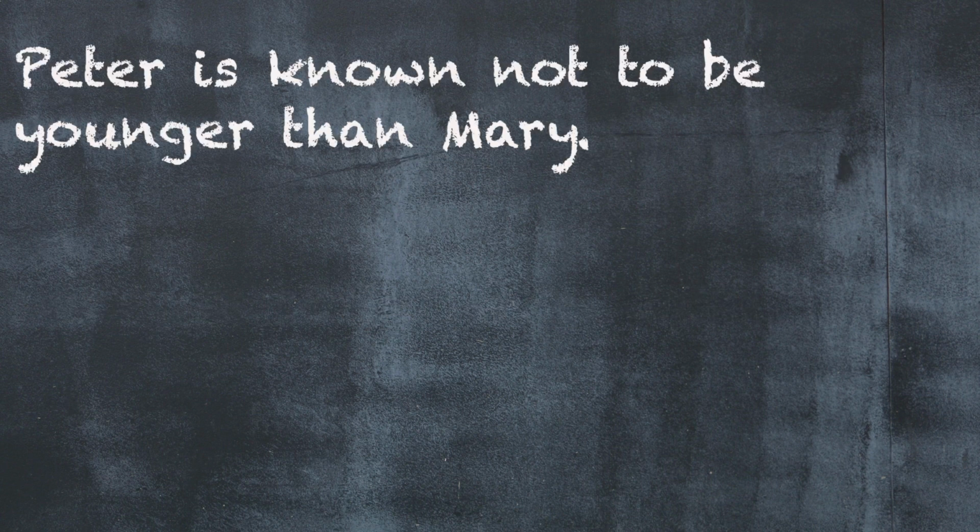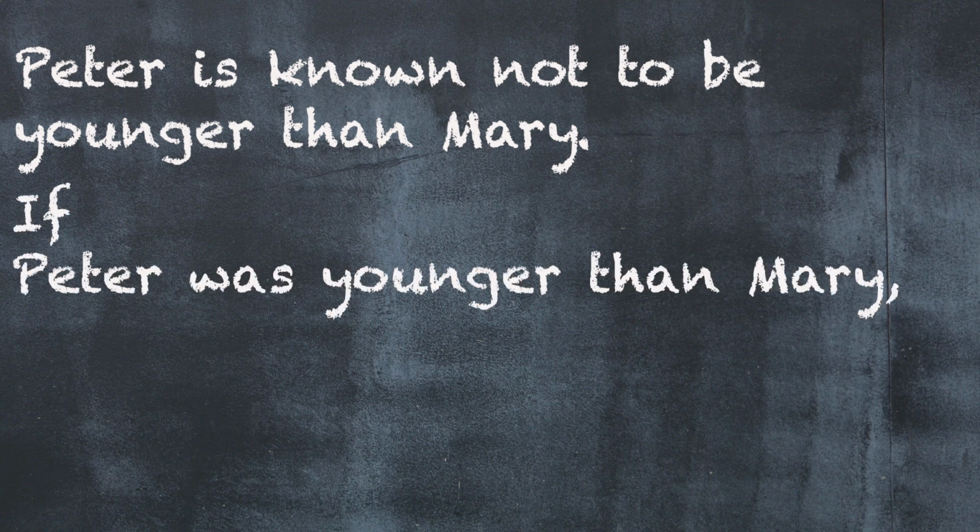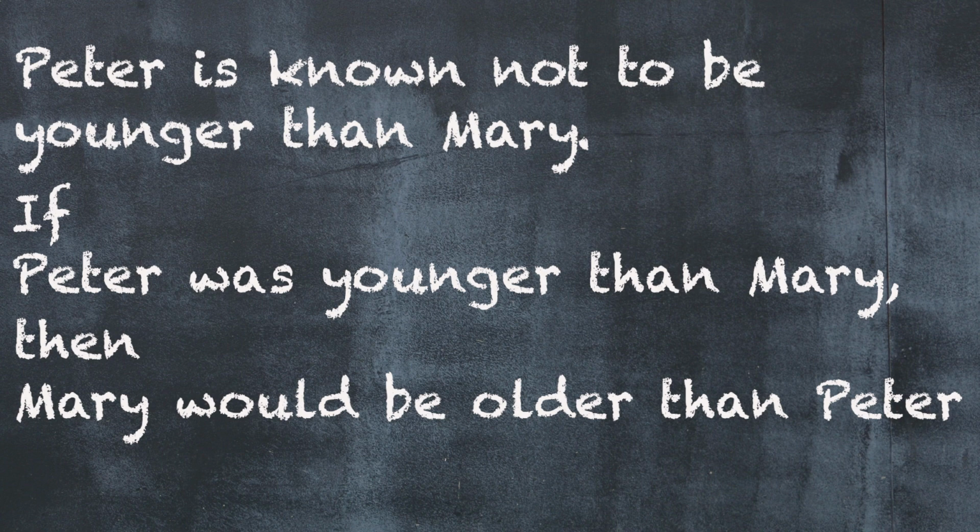Take Peter, for example. He is known not to be younger than Mary. But we can still say, and it would remain correct, that if Peter was younger than Mary, then Mary would be older than Peter. So the conditional proposition remains correct.